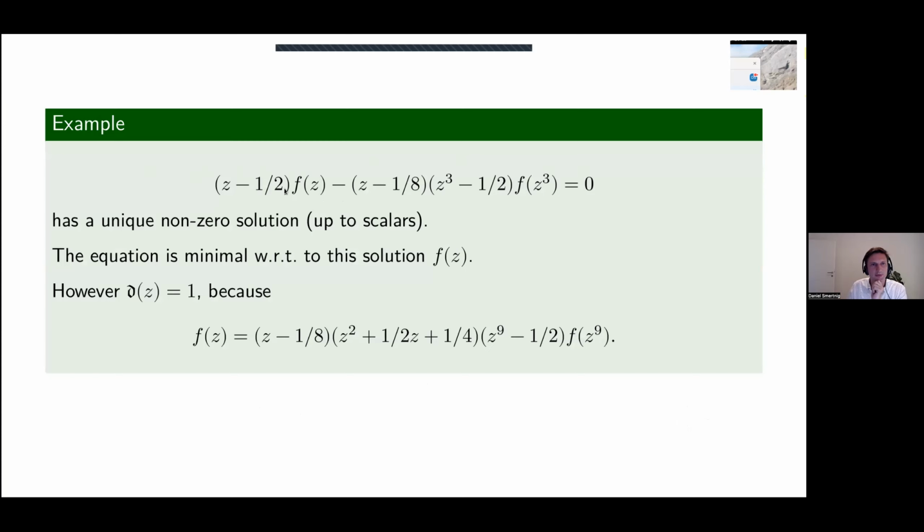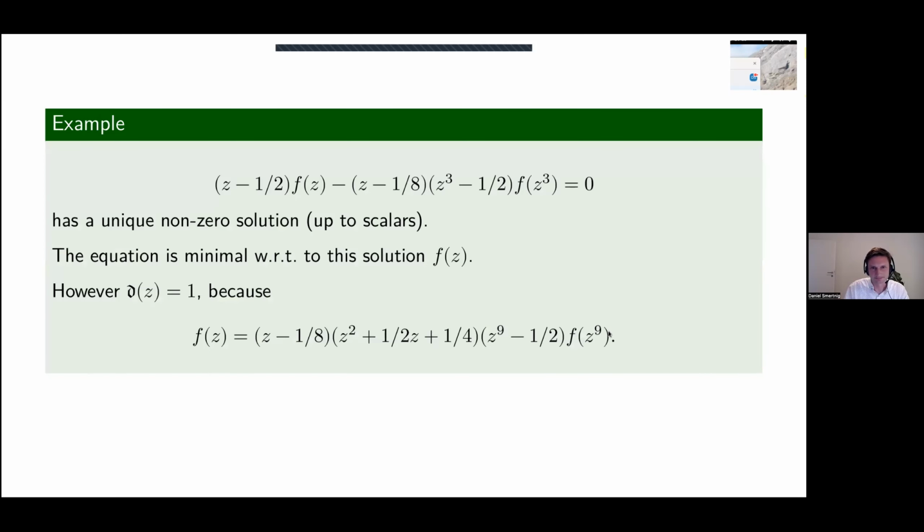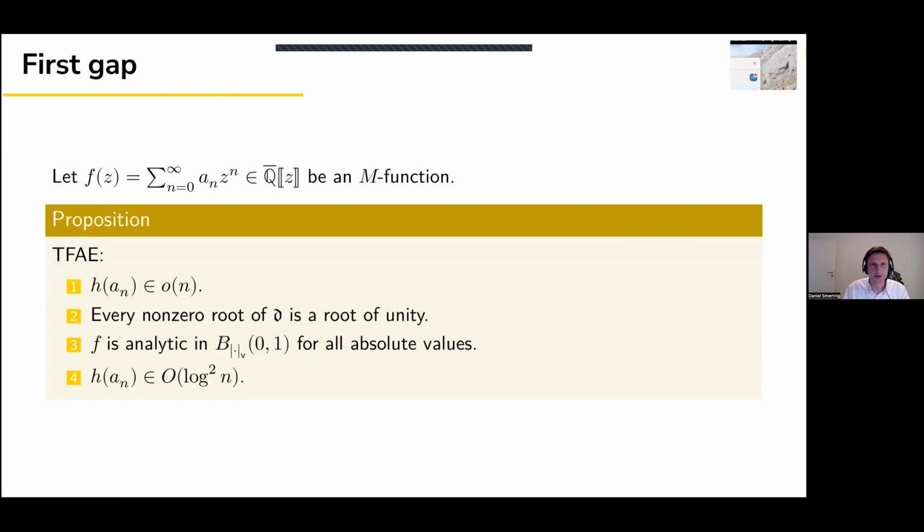And you see here the P0 has a root at 1/2. But one can substitute this equation into itself to eliminate this root. And then you see that actually the K-Mahler denominator is 1. So this series is actually K-Becker. Oops, sorry. Okay. Now with that in hand, let me go to the first gap.